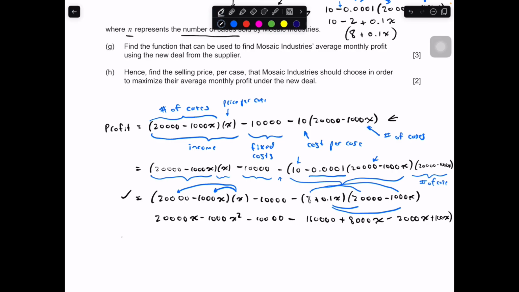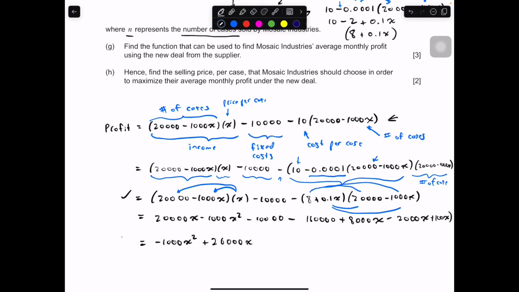Now we've got to group like terms. If you're still around watching this part, negative 1,000x squared. Now we have our x's. 6,000, this would be 26,000x.